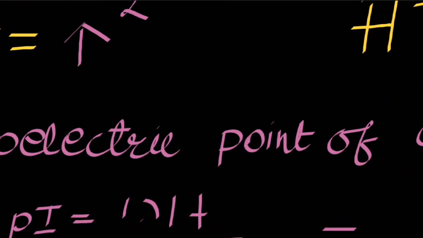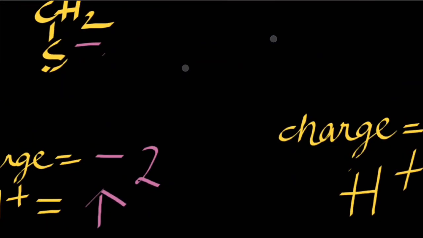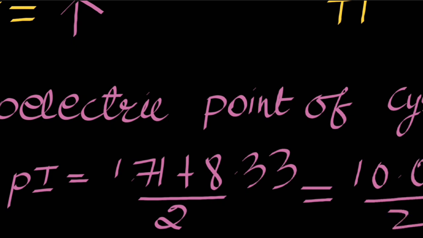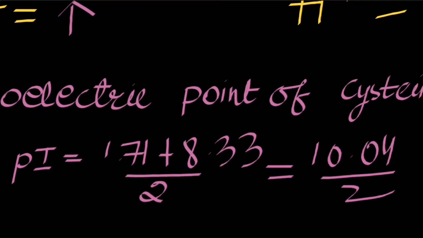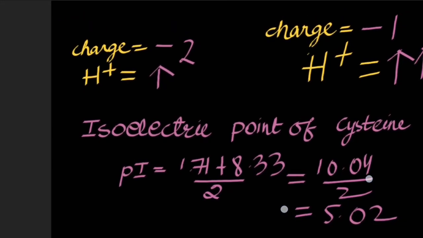I'm just going to calculate it. That will be 10.04 divided by 2, which will give 5.02, right? So this is the isoelectric point of cysteine.